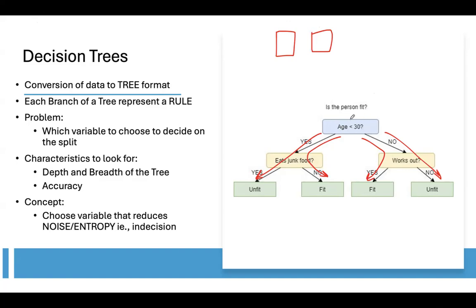For example, one decision tree starts by asking about the age first, then asks about the junk food, and on the right branch, asks about the workout. So on the left branch and the right branch, you are asking different questions. You can have multiple decision trees that could perform the same task. For example, the task here is to identify whether a person is fit or not. Here the first question that I am asking is about age.